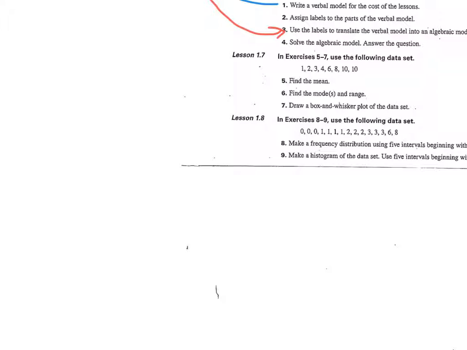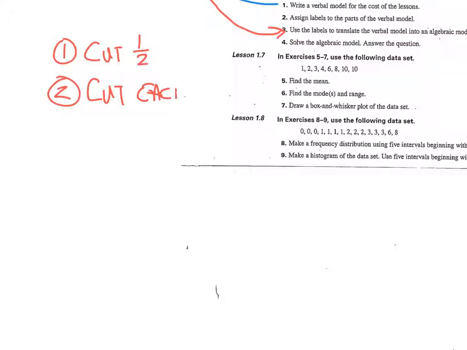So remember, here's some key things. When we want to make a box and whisker plot, first, cut all the information in half. Second, then cut each half in half again.